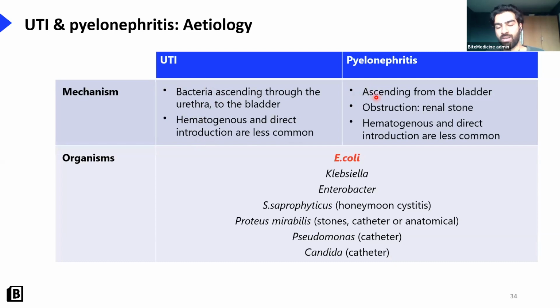Pyelonephritis most commonly occurs as bacteria ascending from the bladder into the kidneys. So it's essentially the next step. You have bacteria ascending through the urethra to the bladder, and then from there, the bacteria can potentially ascend up, causing a kidney infection. Other causes include obstruction, so a renal stone.